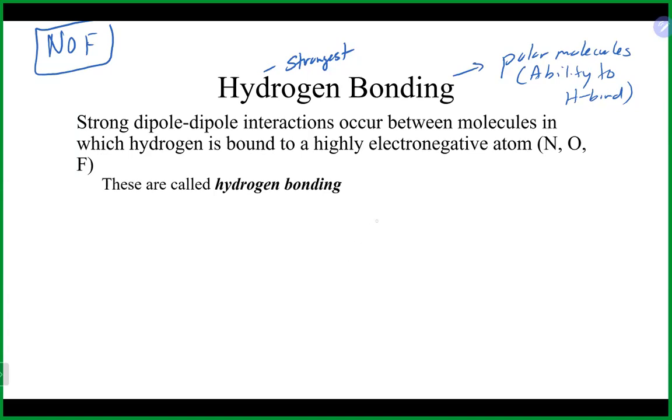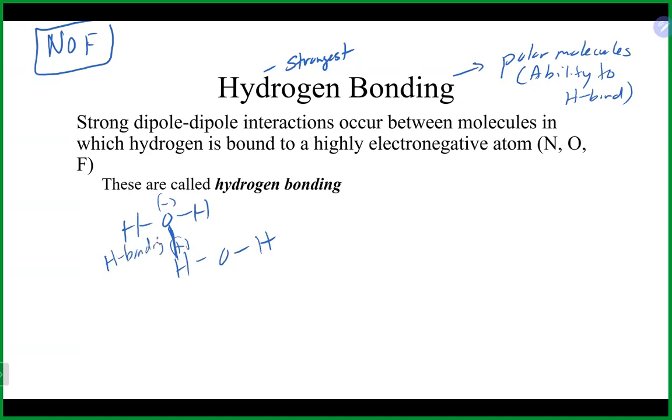So if you have something like water, the oxygen is more negative, the hydrogen is more positive, and the hydrogen is directly attached to an oxygen, which means that is hydrogen bonding.